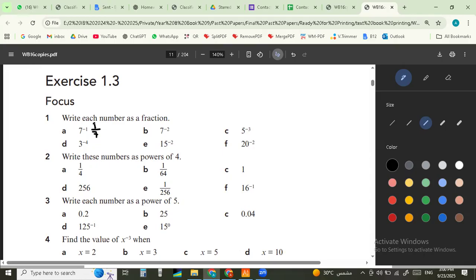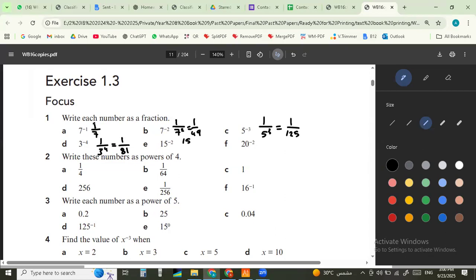The second one over here, they wanted 1 over 7 to the power of 2, which is actually 1 over 49. The next one over here is 1 over 5 to the power of 3, which is 1 over 125. Next here is 1 over 3 to the power of 4, which is actually equal to 1 over 81.